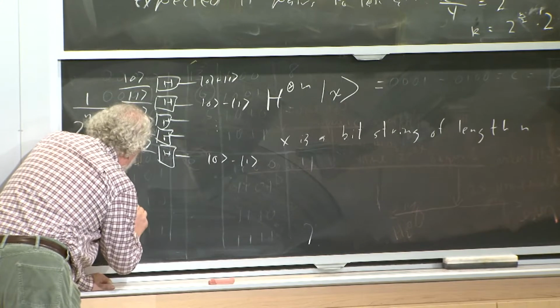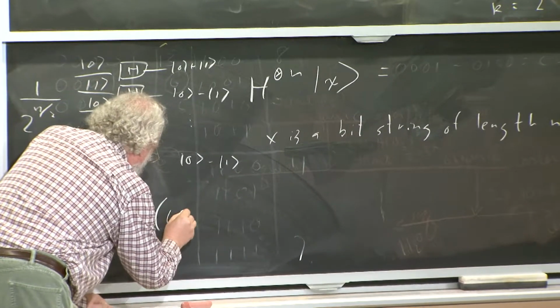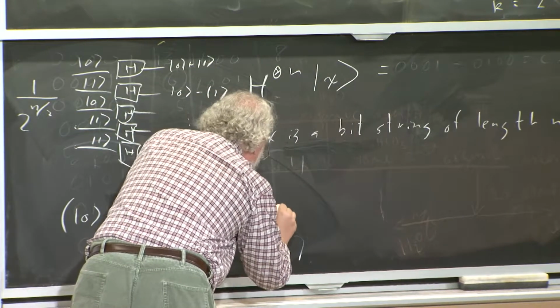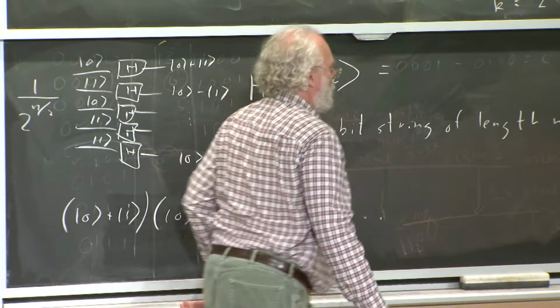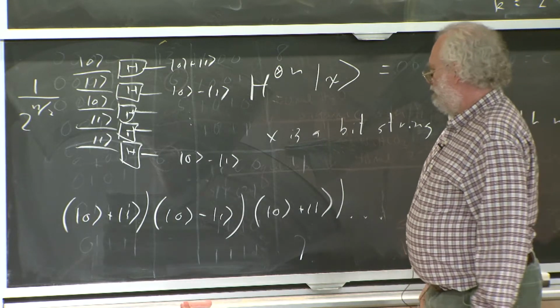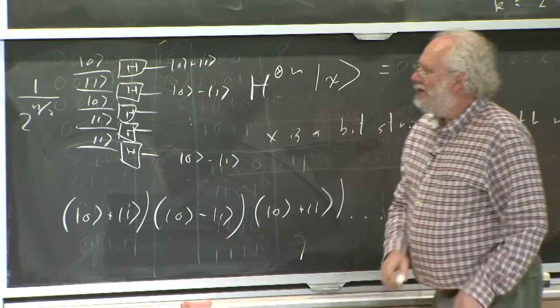So 0 plus 1 is, so what we get is this product.